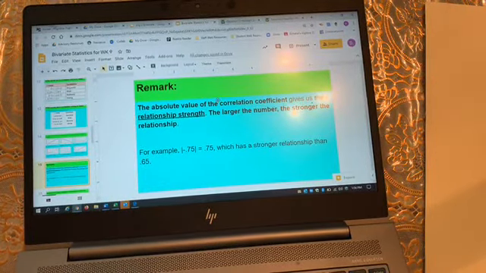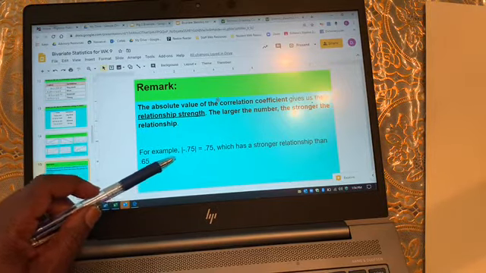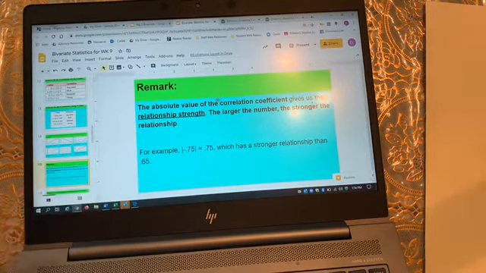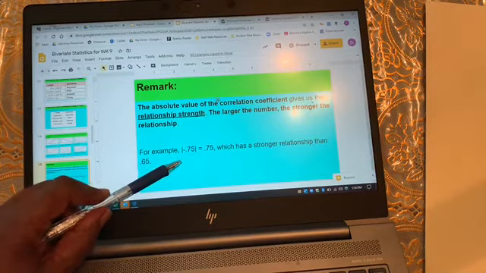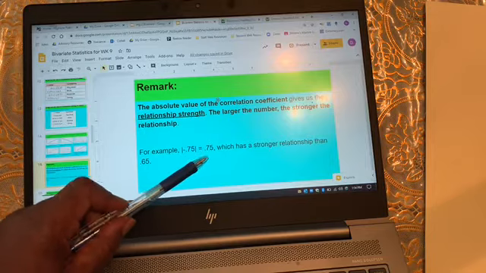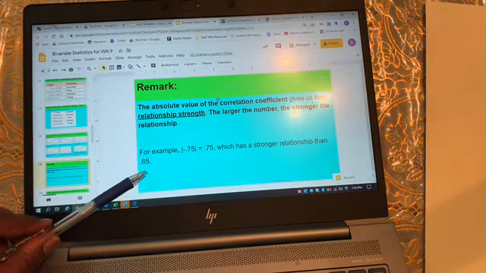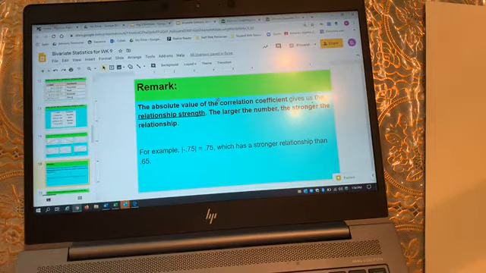Here is a remark on the absolute value of the correlation coefficient: it gives the relationship strength. The larger the absolute value, the stronger the relationship between the quantities. For example, the absolute value of negative 0.75 is 0.75, which is a stronger relationship than 0.65 when we are comparing the two correlation coefficients.